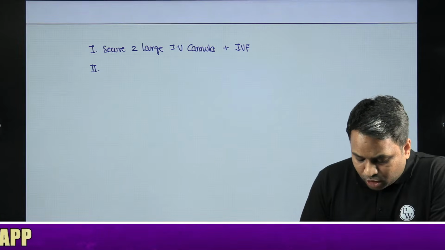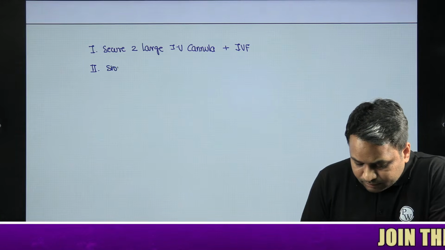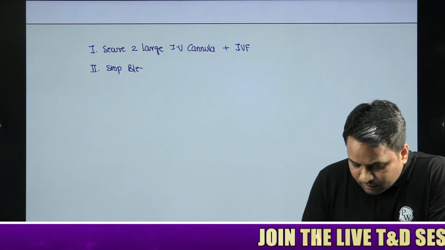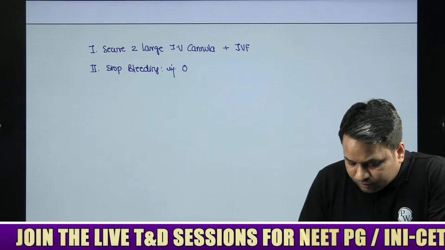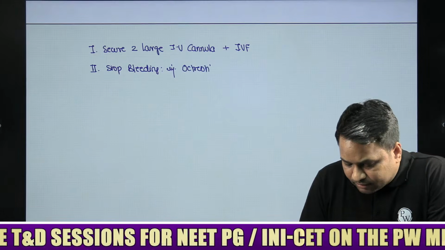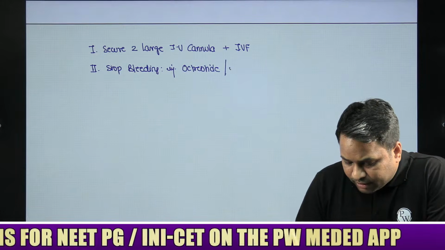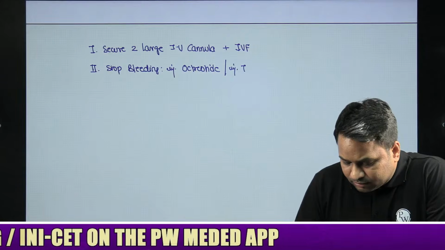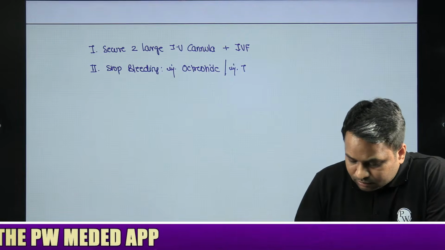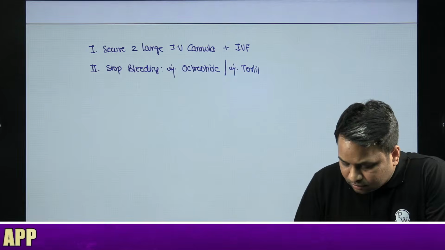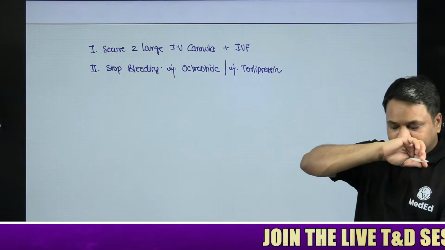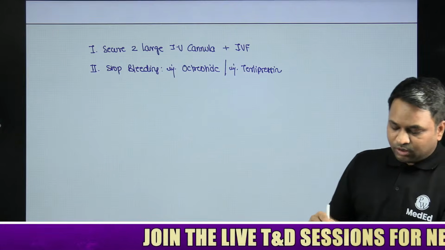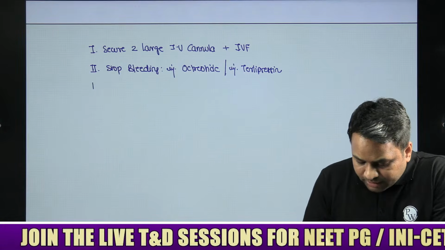Second, to stop the bleeding, because you have an IV line, you can give injections of octreotide or injections of terlipressin. Both of them are somatostatin analogs, and they control the bleed.